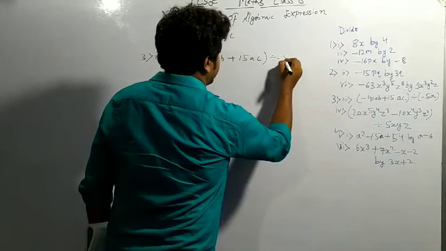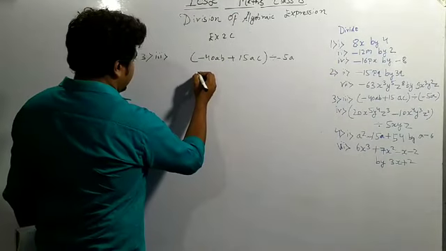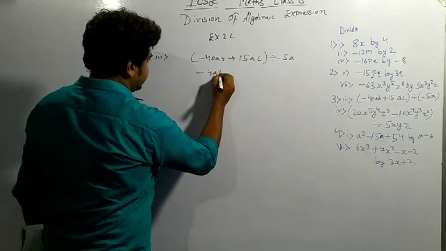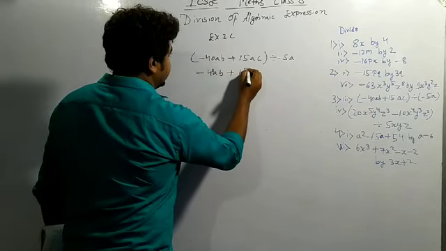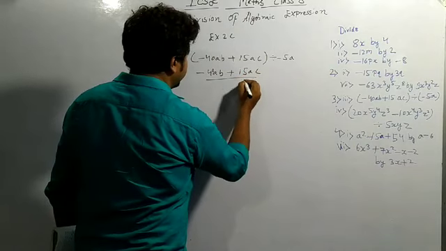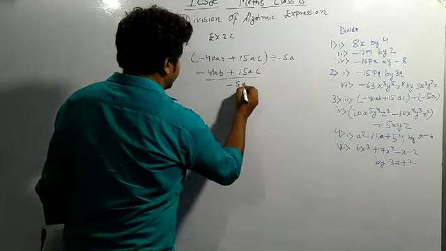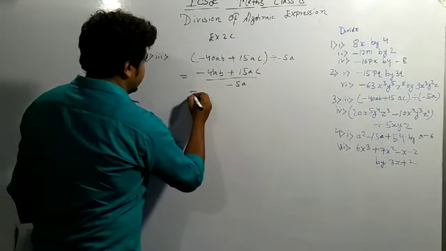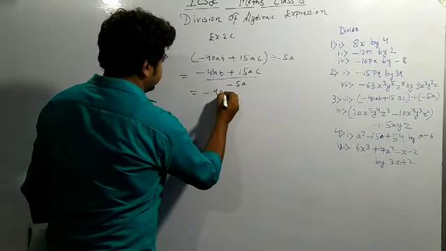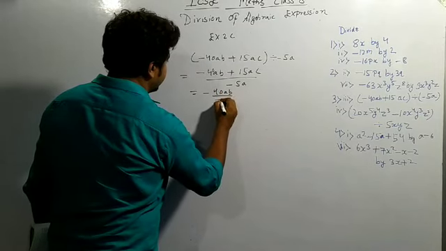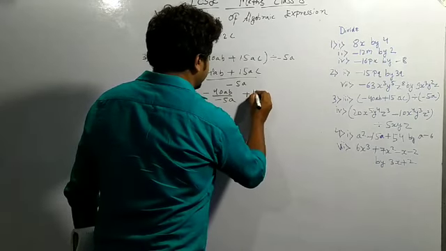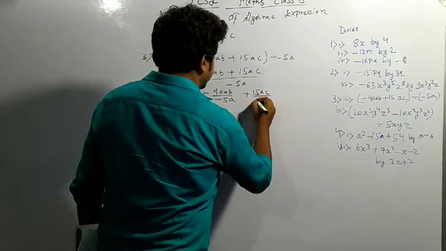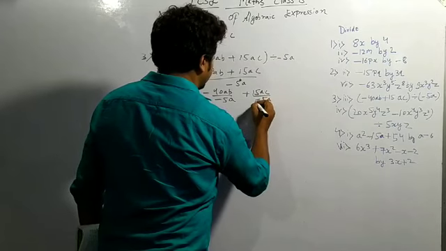So we'll be writing here minus 40ab plus 15ac divided by minus 5a. So again we can write it as minus 40ab divided by minus 5a plus 15ac divided by minus 5a.